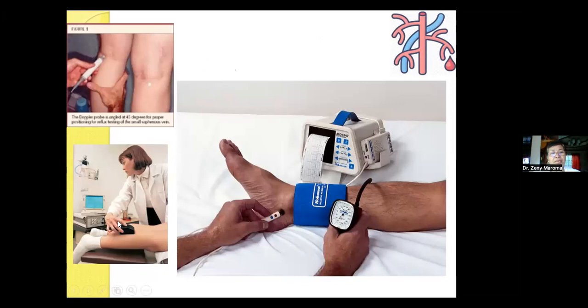Okay? Para ma-visualize yung blood flow. Ayan. Doppler probe. Kukunan ng blood pressure, ankle BP, at to that of the brachial BP. Okay? And then, kunin na yung ankle brachial index. Meron tayo sa Fatima. About 5,000 pesos. Okay, Doppler scan.